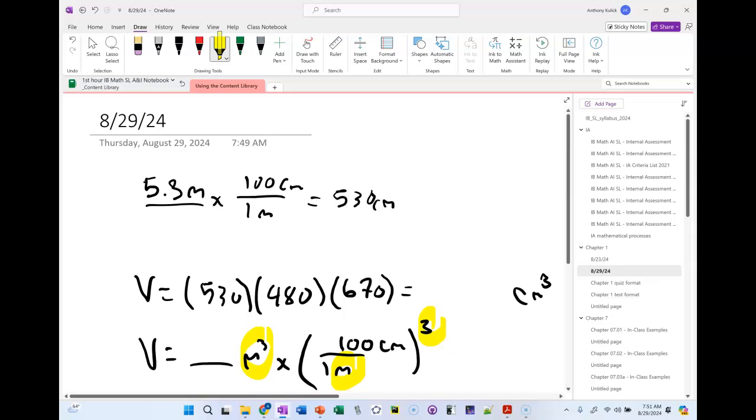So that's the part that's easy to screw up. Why I think it's easier to just convert them to centimeters at the start and then multiply it out. Less likely to make a mistake there.